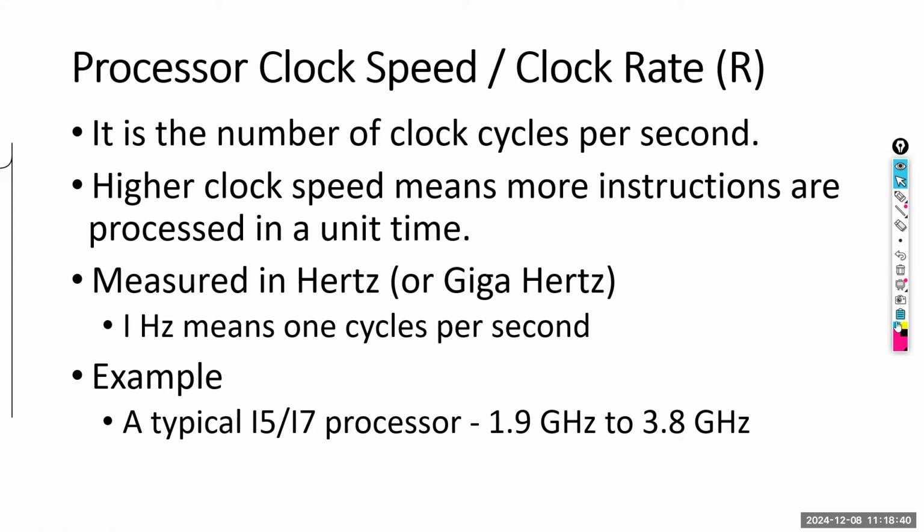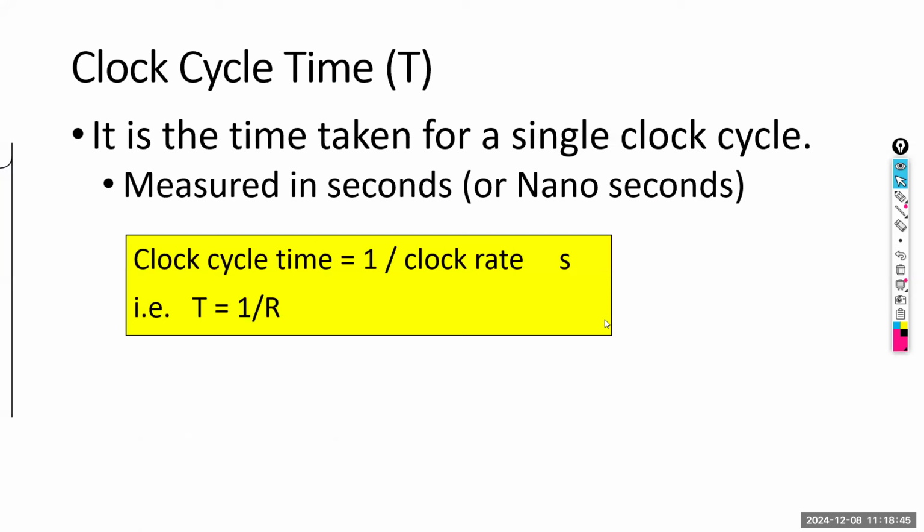But this is a good measure. Okay. Right. Next one is clock cycle time. Actually, clock cycle time is another way of telling clock rate. So clock rate is given in hertz, these days, of course, gigahertz. The clock cycle time is the time for one cycle. Therefore, this is the same measure, but given from a different point of view. Because clock cycle time is the time for one cycle, like this.